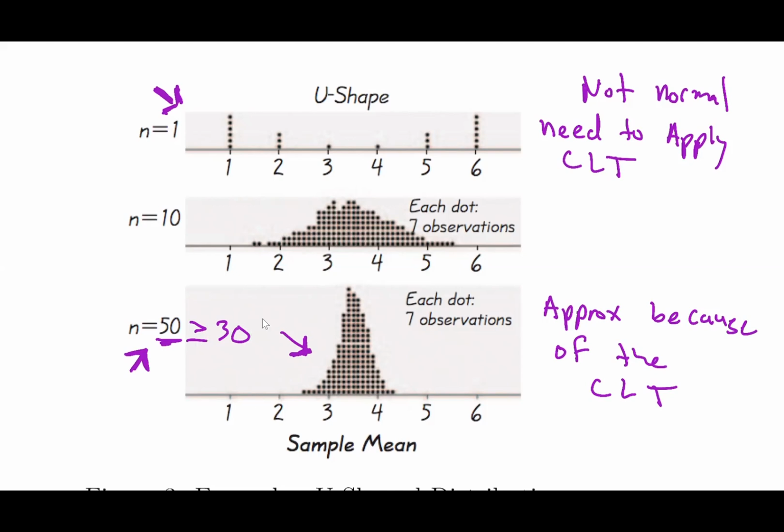So based off our sample size, we're going to say if it's normal or not normal. So you do want to get the idea that if n is greater than or equal to 30, then we could say it is approximately normal. And I forgot the normal over here.